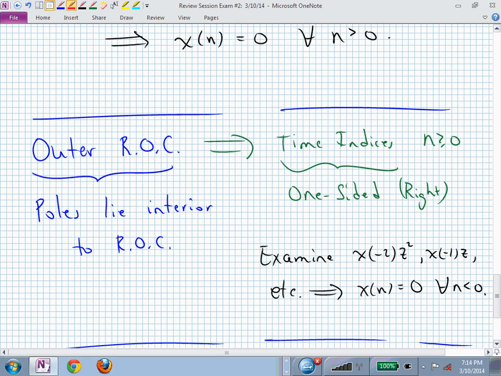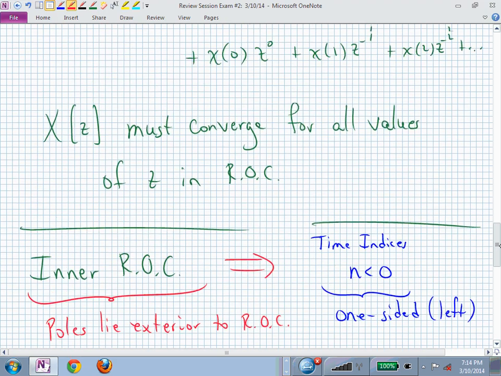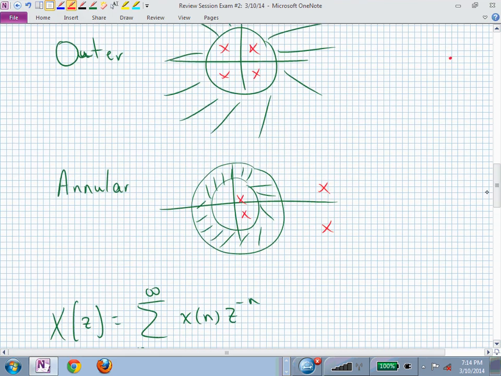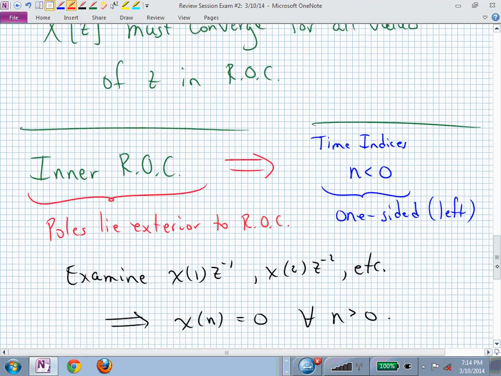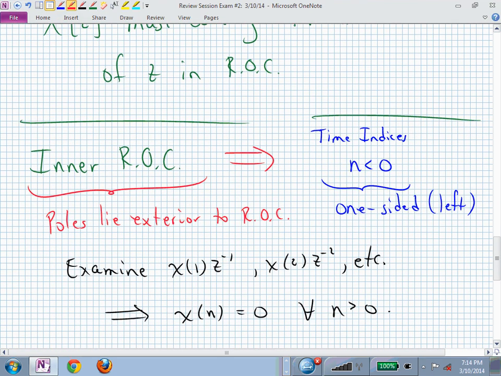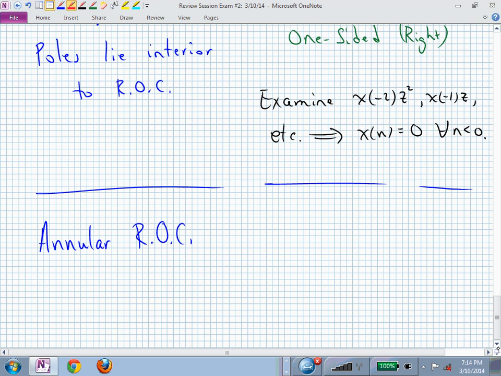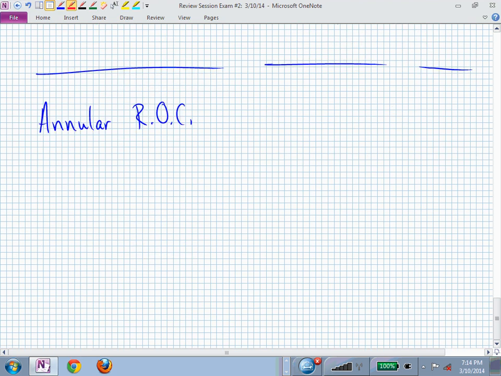Those poles are associated with positive time indices. So those modes would be raised to positive values of n. The other poles are exterior to the region of convergence, which was associated with the inner region. And these then, those modes would have negative indices. And that's how we can then play with the annular region of convergence.